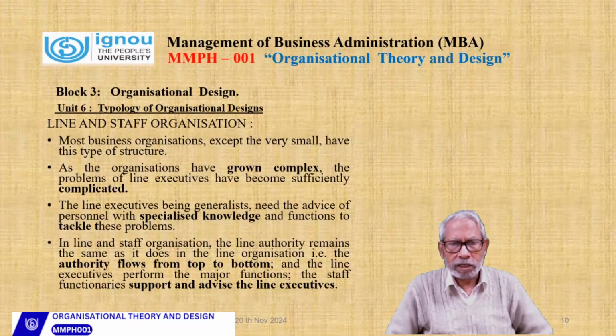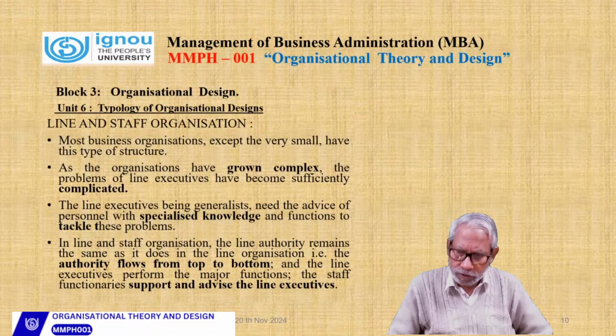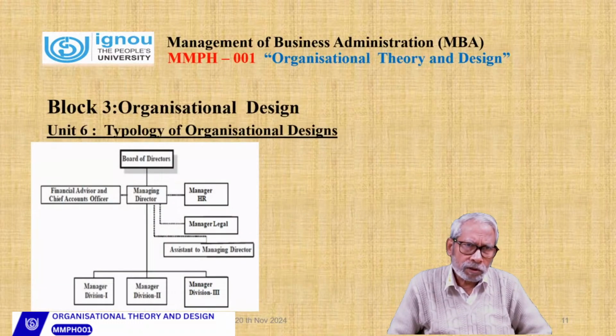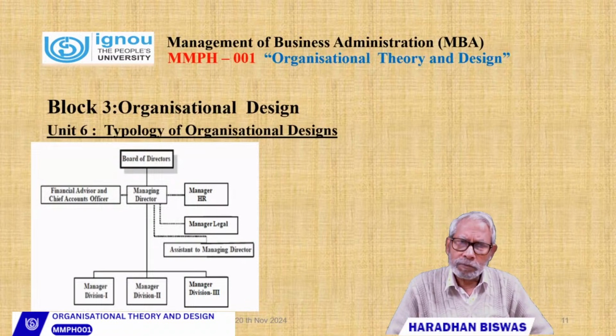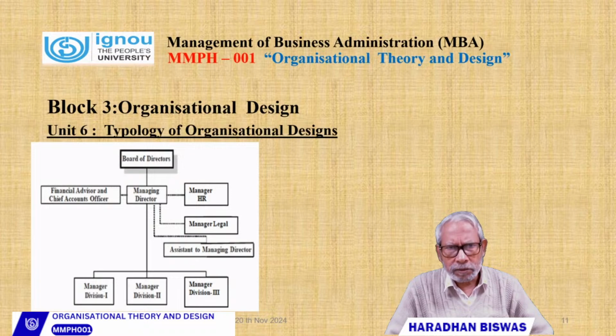staff functionaries and the support and the advice of the line executives. This is one of the diagrams where you see there's a board of directors. Typically, most of the companies, they have a board of directors. Then under the board of directors, we have a managing director, and your manager HR is also there. It is a support system, maybe not exactly in the parallel levels, but it is a support system.